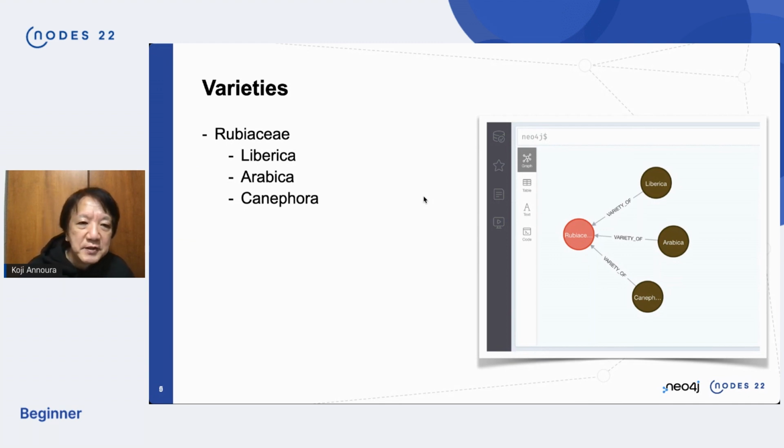And third is Canephora. Arabica is very, very famous, and the next is Canephora. There is very little Liberica, I think. So let's show my screen. Wait a minute.